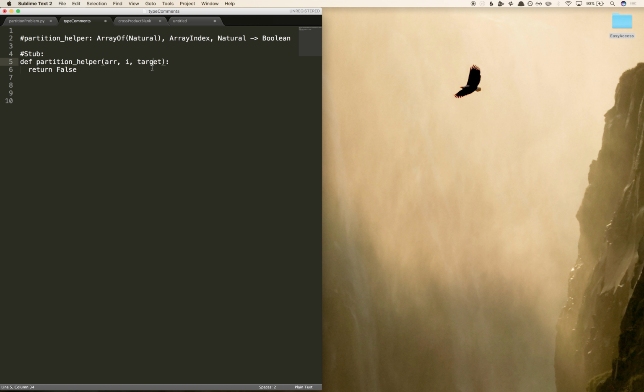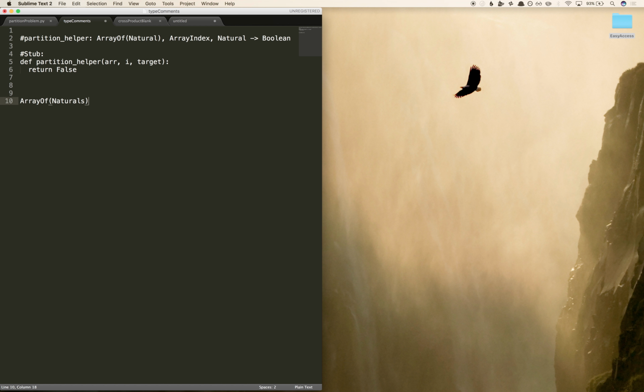And the question is, how do we figure out what to do? And this is where data-driven design comes into play. So let's think about the array. When we have an array, we can define it in a certain way.